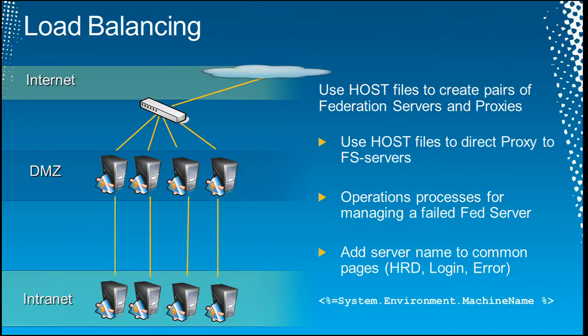And so kind of the balance that we struck between complexity and manageability is that within each farm, so my 4 Federation servers, my 4 Federation server proxies, we have created 4 individual pairings of FSP to FS.